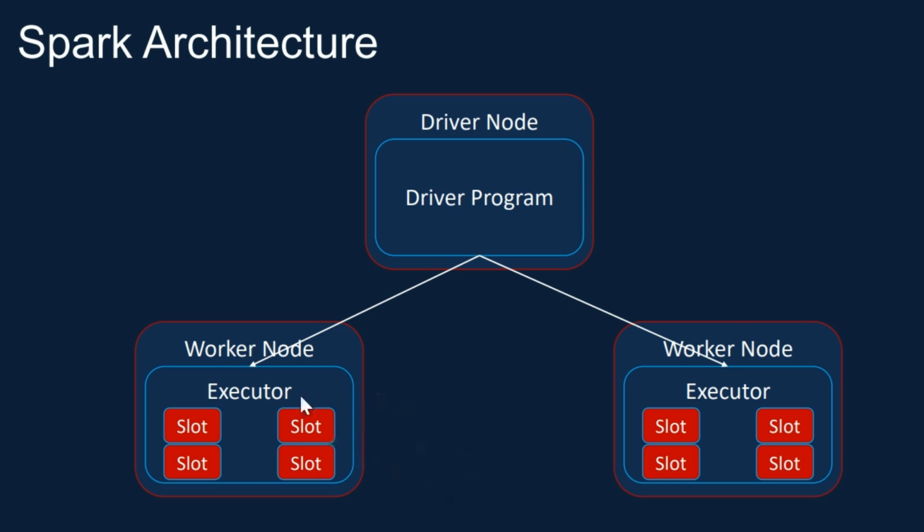Like in the previous slide, you can see four cores were there in the executor node. Likewise the slots are there. So four cores and four slots, this is how it is equivalent. And these slots are the place to execute the tasks received from the driver program.